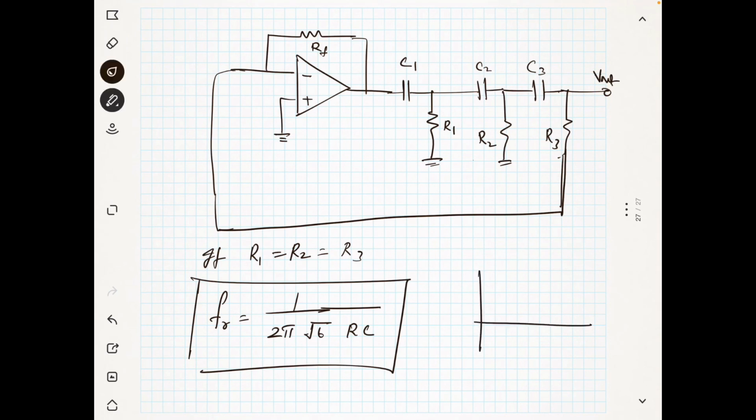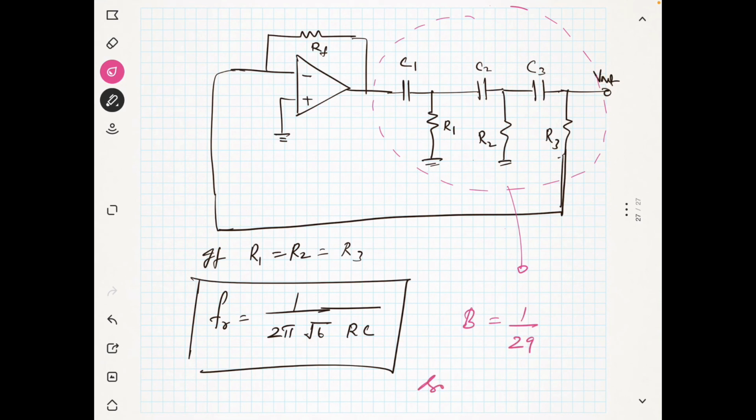That means it is acting as a phase shift network, and the resonant frequency is 1 by 2 pi root 6 RC. And this is the feedback part of the network. This is actually showing the feedback network, and this has the gain B equal to 1 by 29.